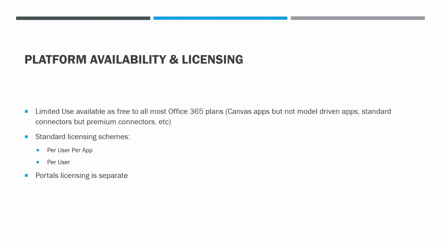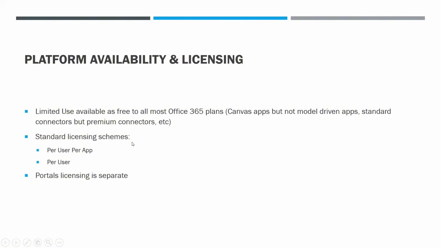So if you or your customer already has a Microsoft 365 plan, it makes sense to use this offering and create their internal applications either by themselves or by their vendors, by you people, on the platform, since it is available and there are no extra licensing costs. But when we say limited, it means Canvas apps are available, but model driven are not available.